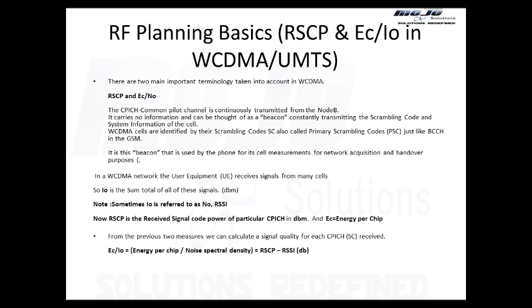The Node B identifies the cell using its cell identity and its scrambling code, basically, and it reports the quality and the signal strength measurements to the RNC based on that cell identity and the PSC.